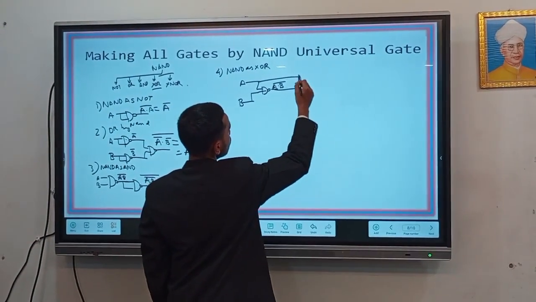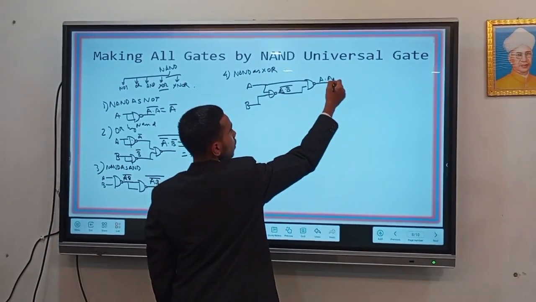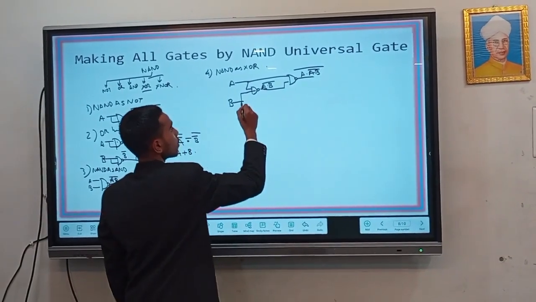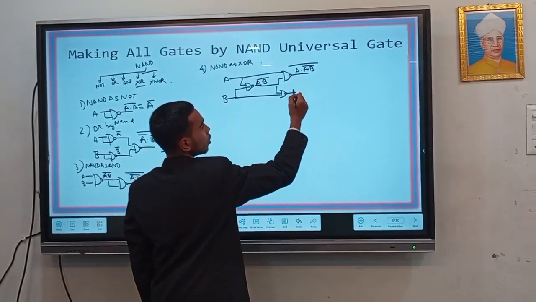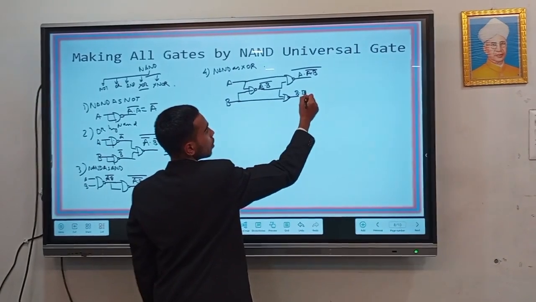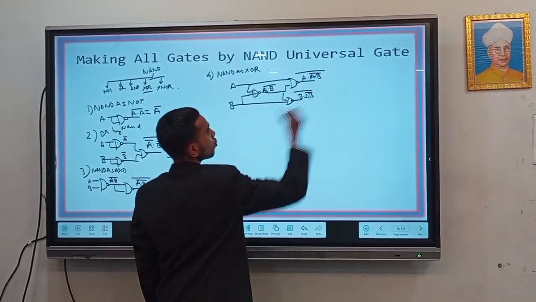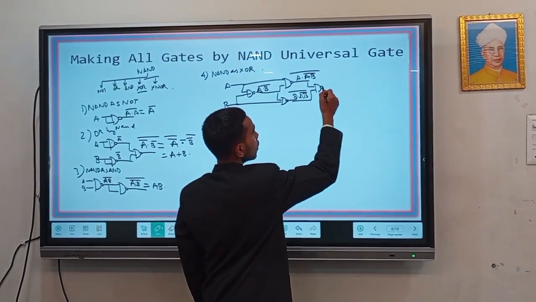Now it is sent to another NAND gate to get (A and (A into B) whole complement), total complement, and again it is sent to another NAND gate to get (B and (AB) whole complement), total complement, and again it is sent to the third NAND gate.